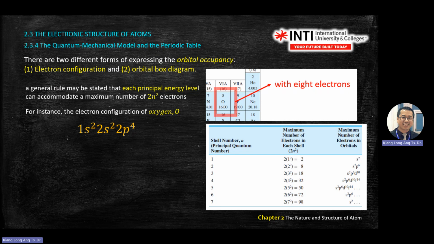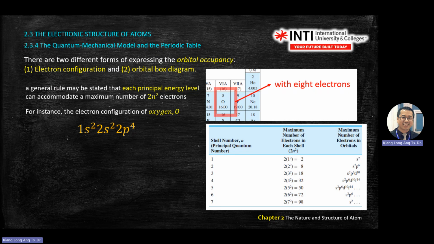Then how many lanes do you have for each one? You use 2l plus 1 to represent how many orbitals you have. So s has how many orbitals? 1 orbital means 1 lane.